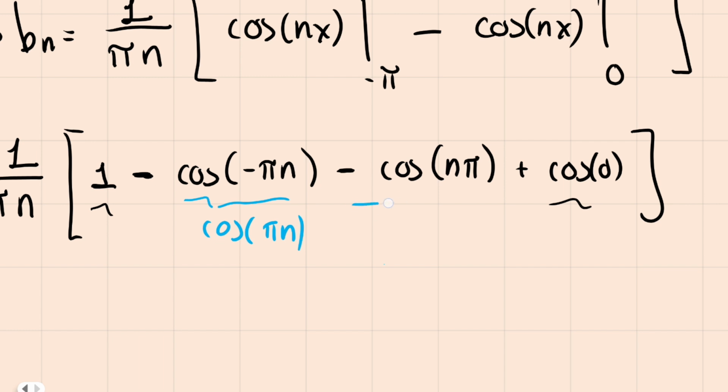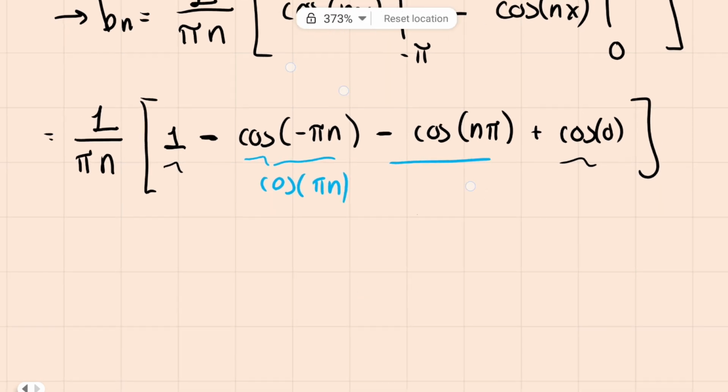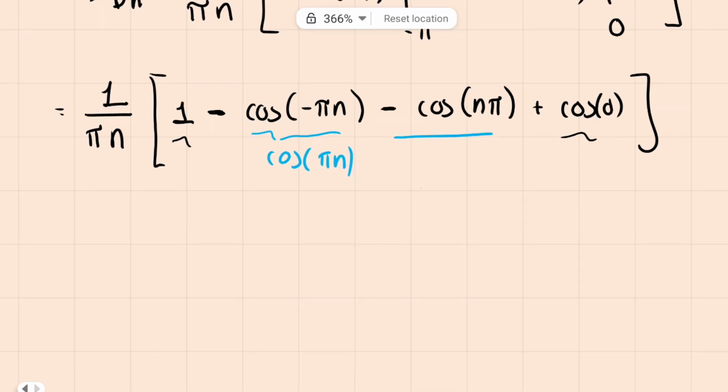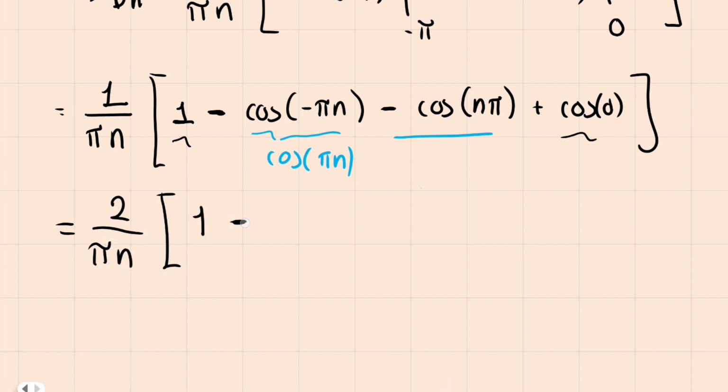And it's the same for this, so we are going to get negative 2 cosine of pi n. So we have a common factor of 2, and we are going to take that out of the brackets to get 2 over pi n times 1 minus cosine of pi n.